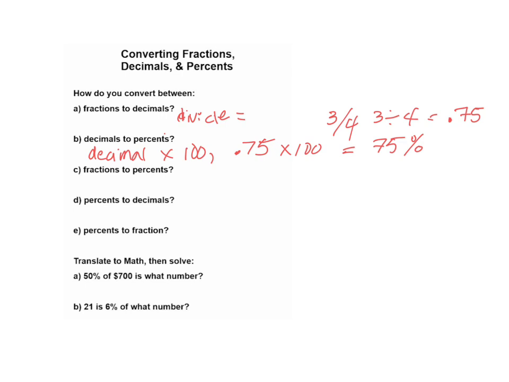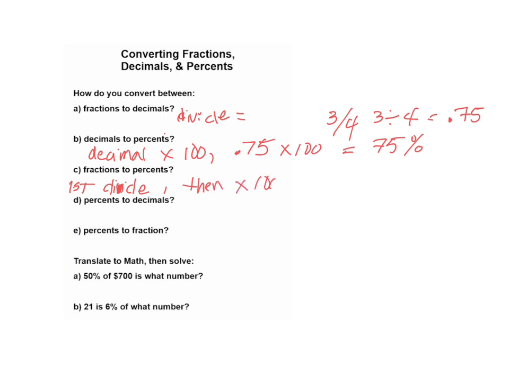Fraction to a percent, 2 steps. First, divide. Looks like an X. It's not supposed to be. It's supposed to be a V. Sorry about that. Divide, and then multiply times 100.